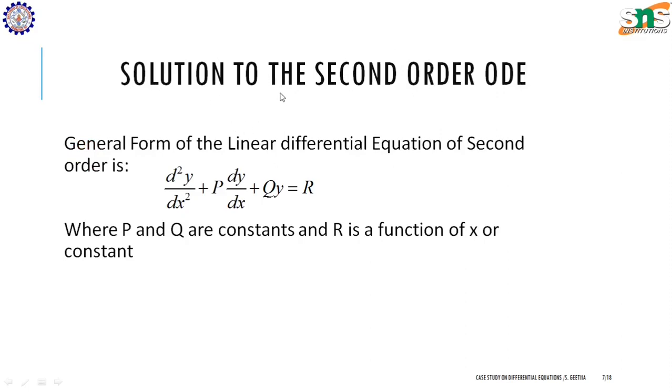Next, solution to the second order ODE. The general form of the linear differential equation of second order is d²y/dx² + p dy/dx + q y = r, where p and q are constants and r is a function of x or constant.